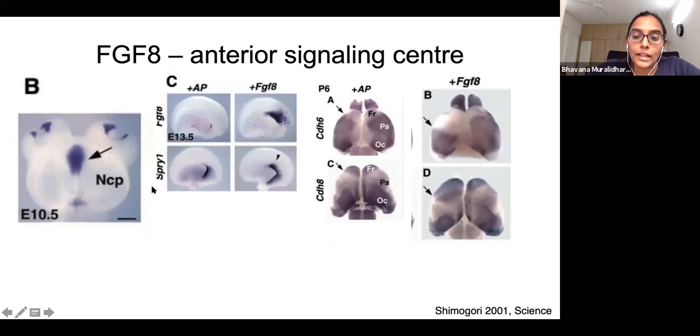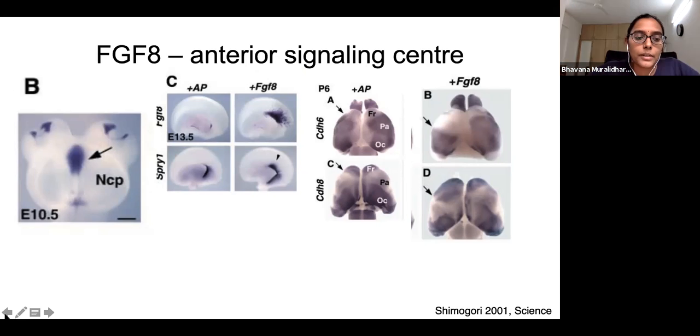This is one example where a classic study was done in 2001. Like the way I told you about the Spemann organizer, the Spemann organizer was such an early organizer that it was able to create an entire new axis. But there are several such organizers which are more restrictive in nature.